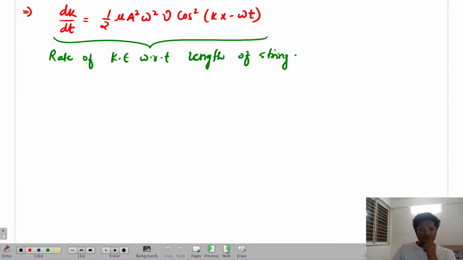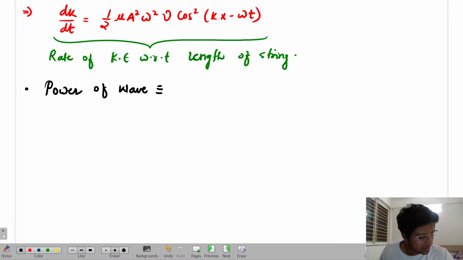Okay. So I got my dK by dt, which is called the rate of change of kinetic energy with respect to the length of string. But you only tell me, this rate is defined as power or not? Kinetic energy divided by time is defined as power.